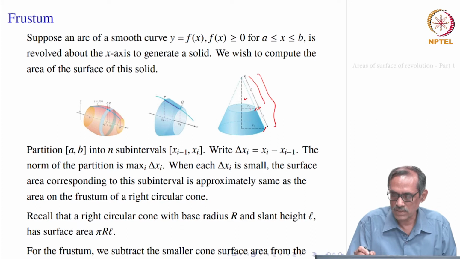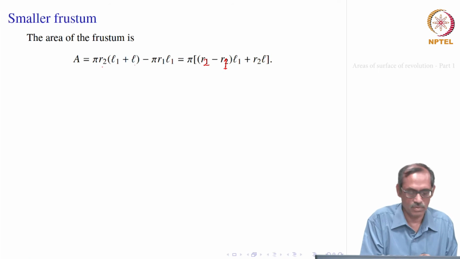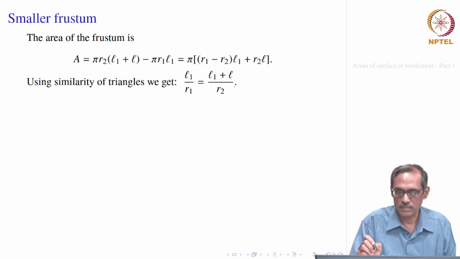So, they are similar triangles. Therefore, we can say R1 divided by R2 will be equal to L1 divided by (L1 plus L), or we write it this way, L1 divided by R1 will be (L1 plus L) divided by R2. Okay.